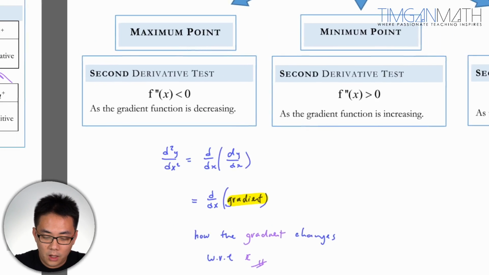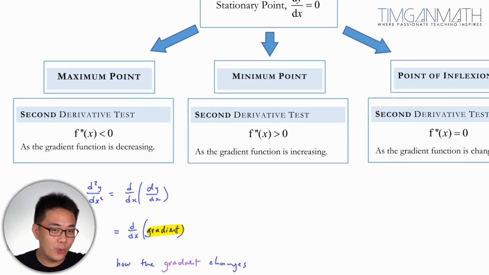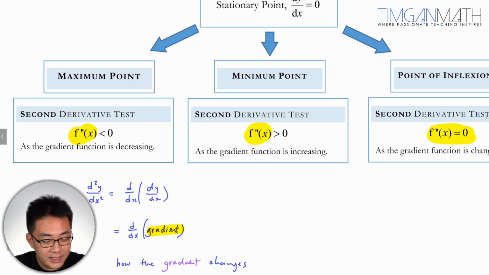So now, how do we understand it? How come for a maximum point you're looking at dy/dx less than 0, and how come for a minimum point f double prime of x is bigger than 0, and this is positive, and when this equals 0, why? Okay, so let's try to understand that.